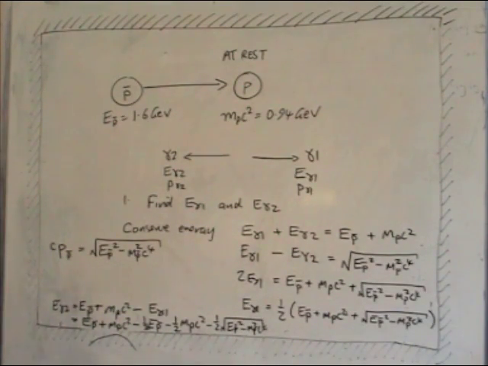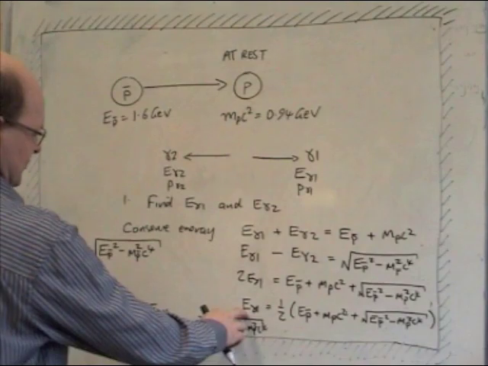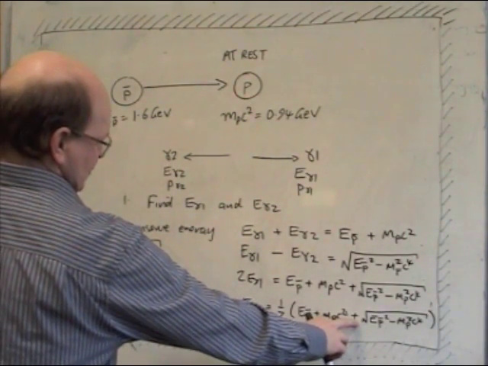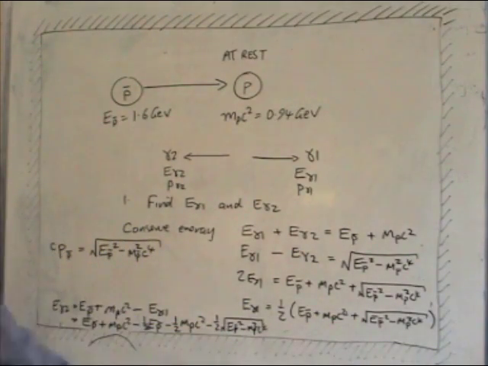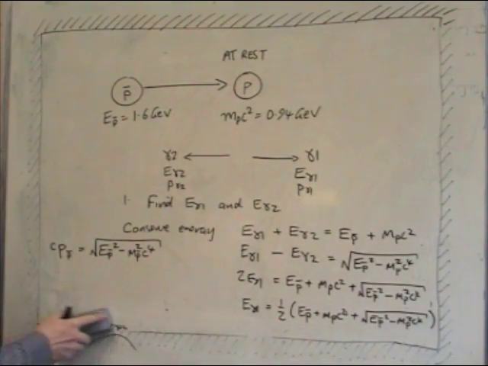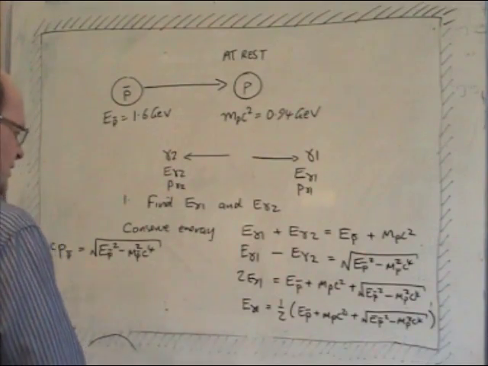Notice it's basically the same expression as for E gamma 1, but with the plus sign before the square root replaced by a minus sign. So the expressions for E gamma 1 and E gamma 2 are quite similar. They differ only by a minus sign in front of the square root.